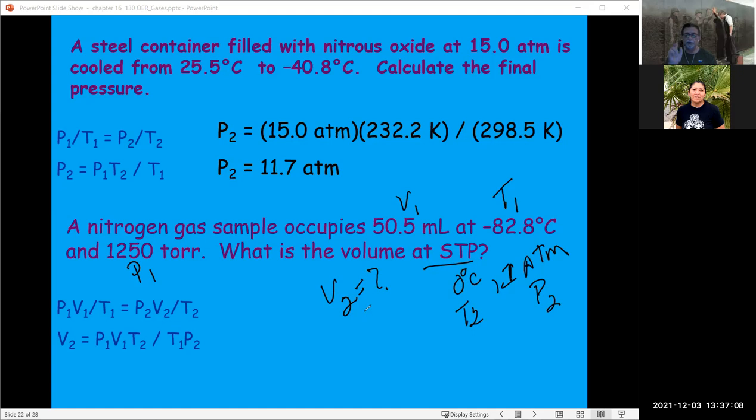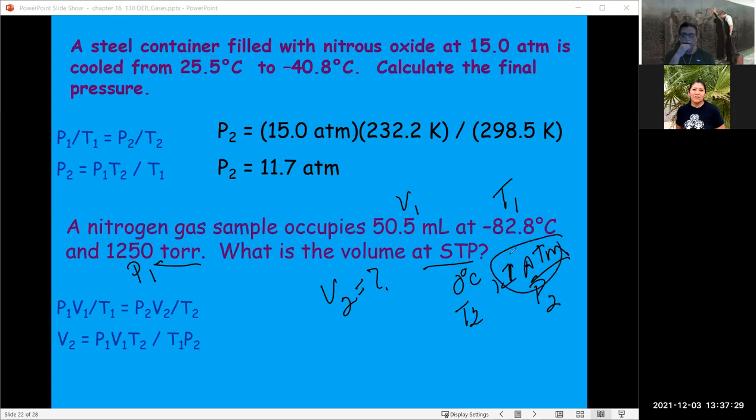Keep in mind the units. We have atmosphere here, but torr over here. Your choice is to either convert to atmosphere or to convert to torr. It doesn't make any difference, just as long as the units are the same on both sides of the equation.